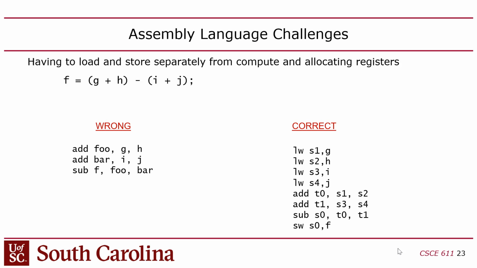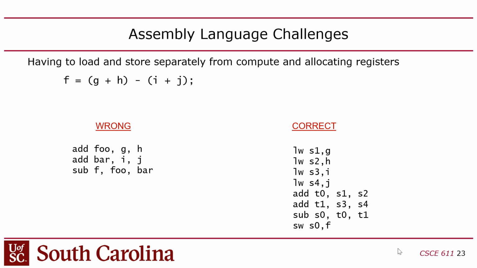So in this case, I'm adding G and H, and then adding I and J, and these 2 sums are being assigned to T registers, temporary registers. And then I subtract the sub-expression to get the final result.